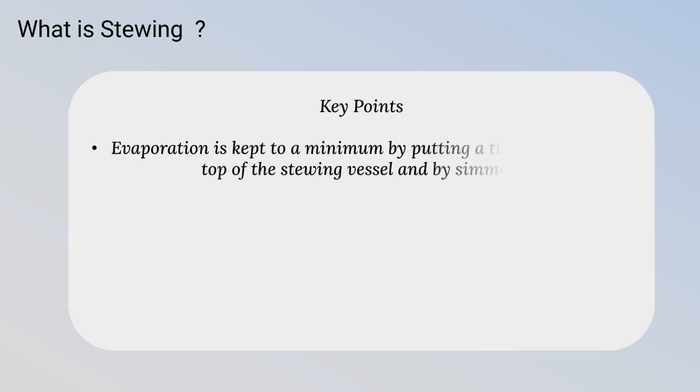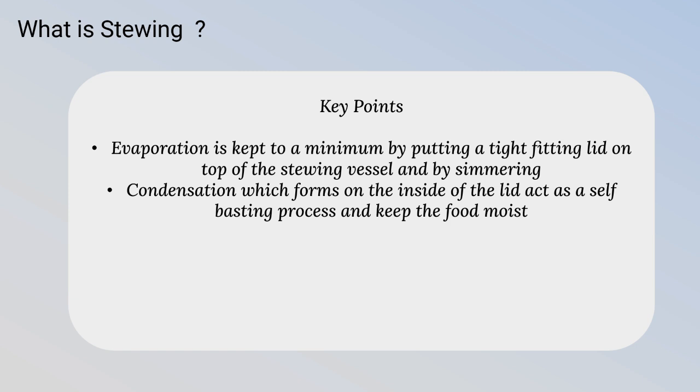Few key points. Evaporation is kept to a minimum by putting a tight fitting lid on top of the stewing vessel and by simmering it. Condensation, like we have mentioned: if there is a lid, there is every possibility that steam will be generated.